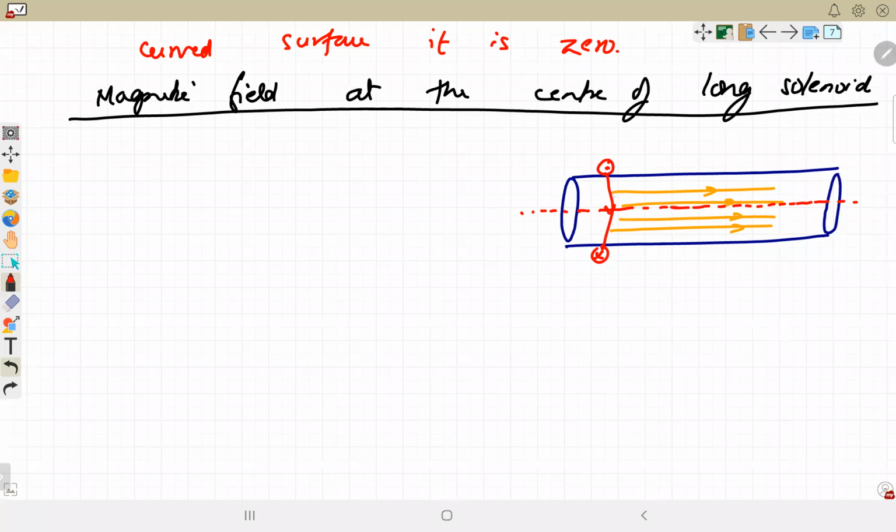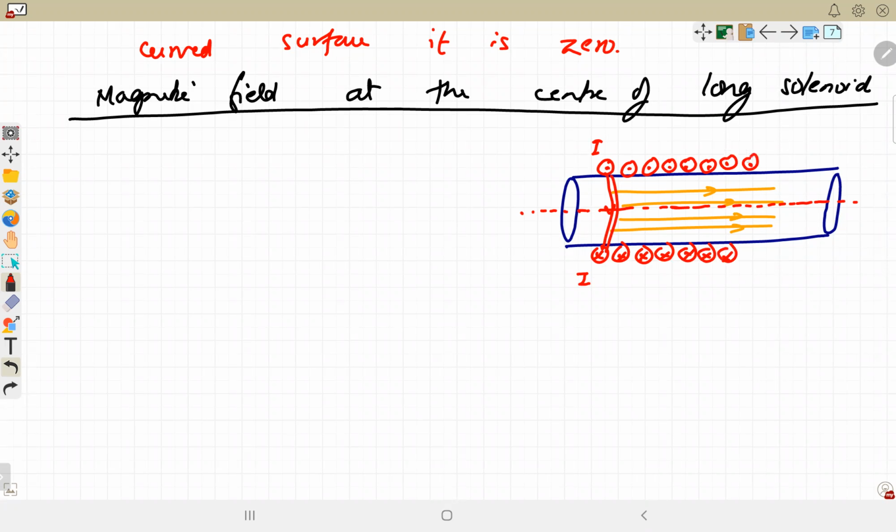Current is like this. Likewise, for every thread, the current I comes from the top and goes into the plane from below, and so on for the entire length.